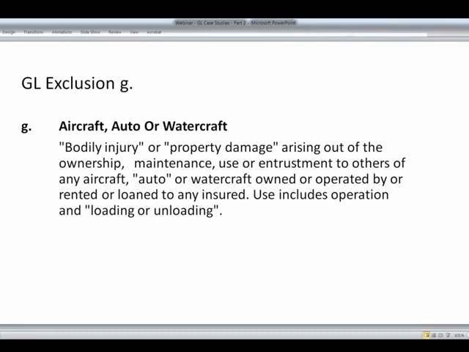And again on exclusion G, we exclude auto, aircraft, watercraft. Bodily injury and property damage arising out of ownership, maintenance, use, and entrustment to others of any auto. Notice "autos" is in quotation marks.